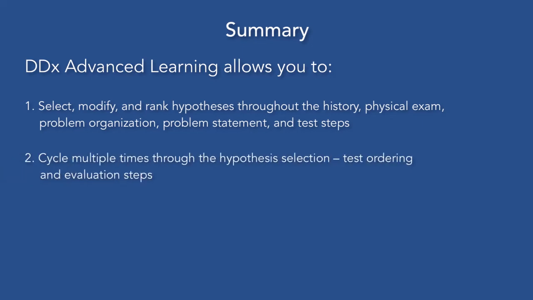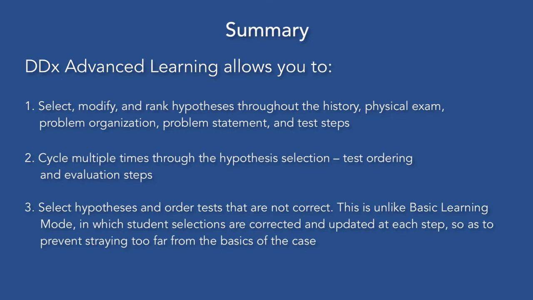It allows you to cycle through the hypothesis selection and test ordering and evaluation steps multiple times. Lastly, it allows you to select hypotheses and order tests that are not correct. This is unlike basic learning mode, in which student selections are corrected and updated at each step so as to prevent straying too far from the basics of the case.